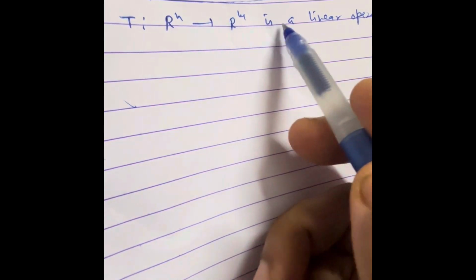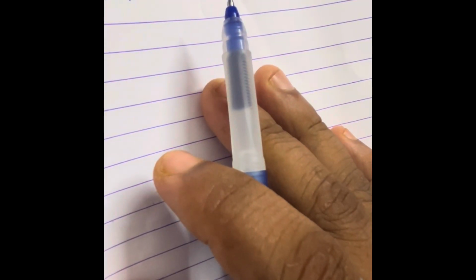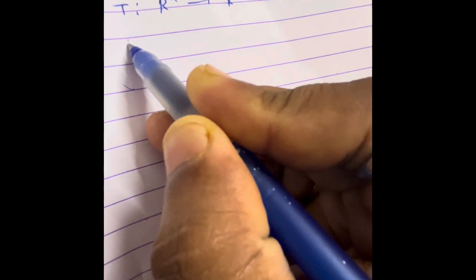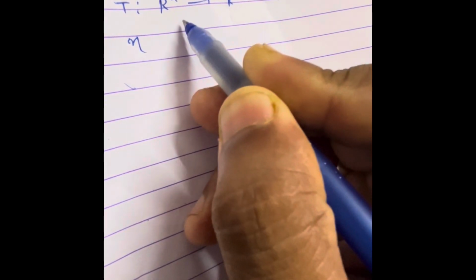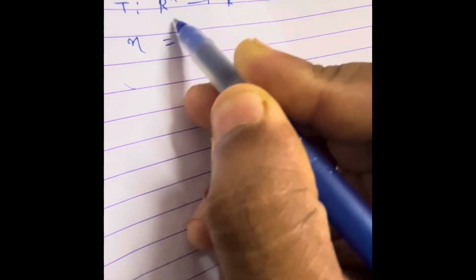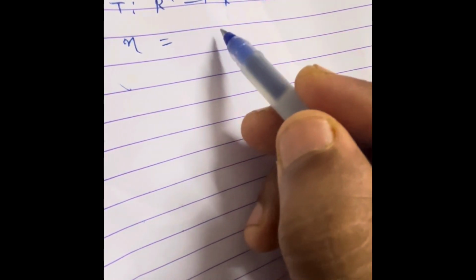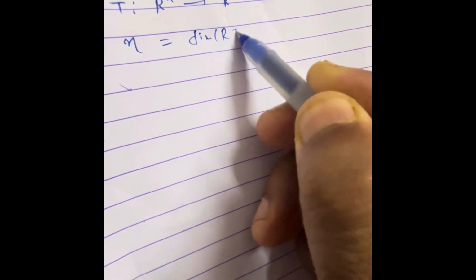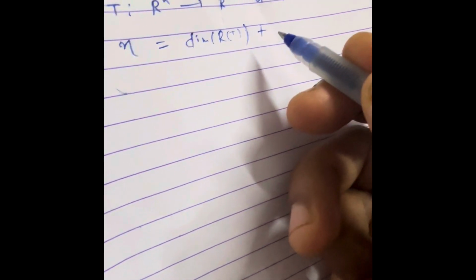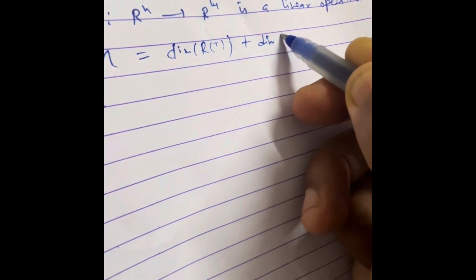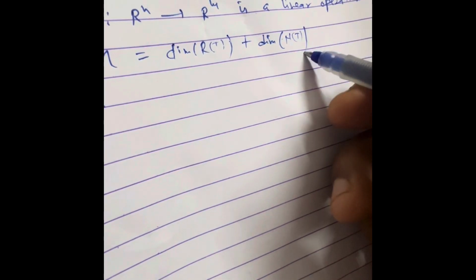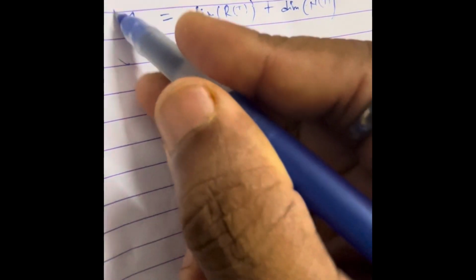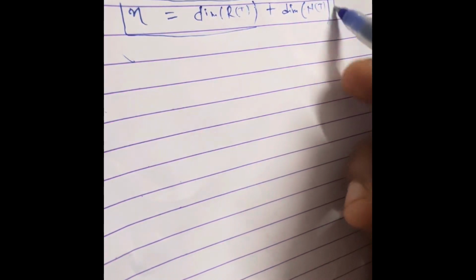It says that T from Rn to Rm is a linear operator, and then n, which is the dimension of Rn, equals the dimension of the range of T plus the dimension of the null space of T. Alright, so this is the result that we are going to prove.